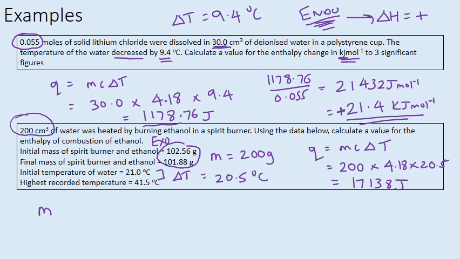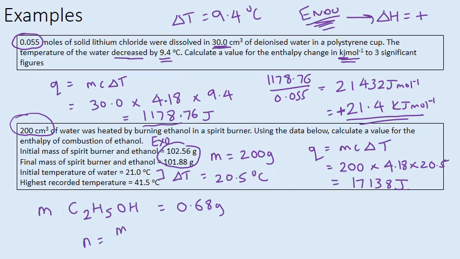I can find my mass of ethanol. C2H5OH is ethanol. My mass is 102.56 take away 101.88, which is 0.68 grams.